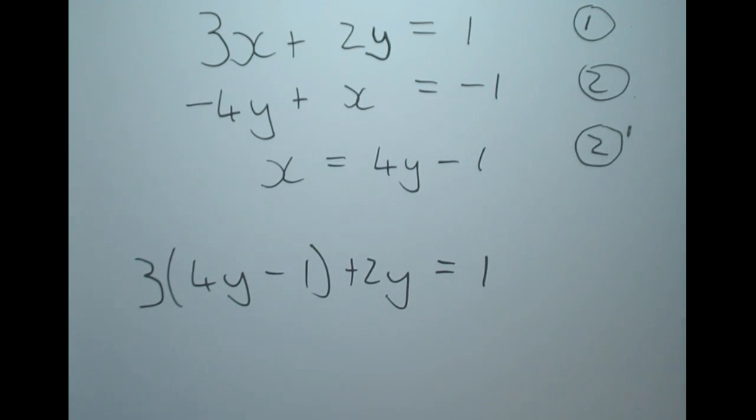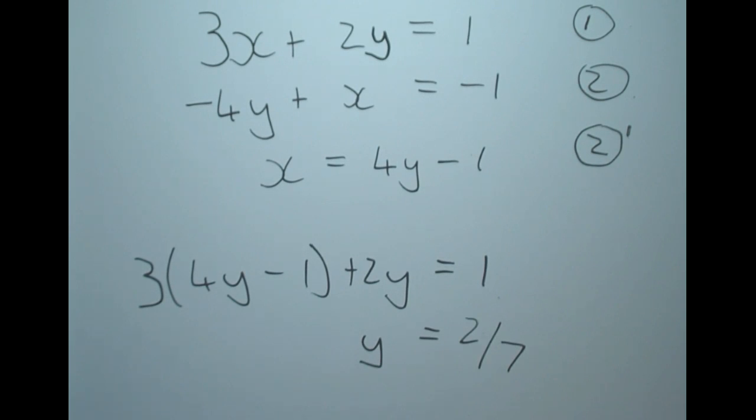And now we can solve this equation and we will find y. So to solve, I'll have to multiply this 3 into the bracket, and then I'll keep all my y's on the left hand side and everything else on the right hand side, and then I'll solve. So we will get 14y is equal to 4. And that tells me that y is equal to 2 over 7. And now I have my value for y.